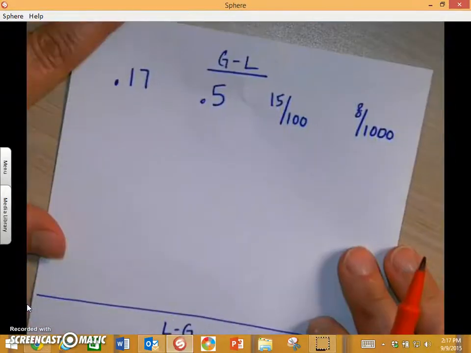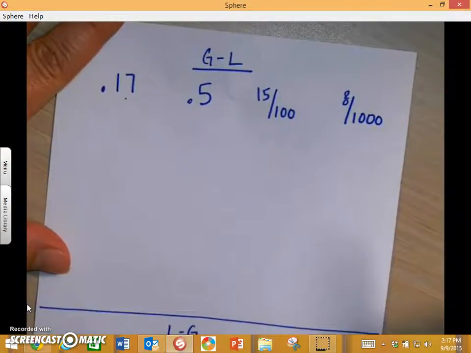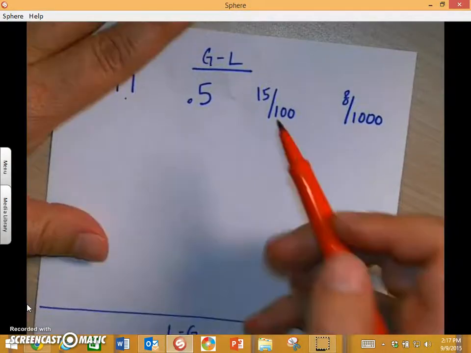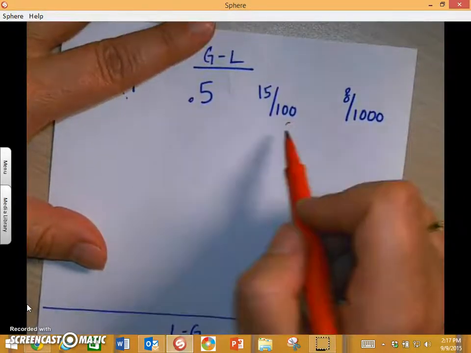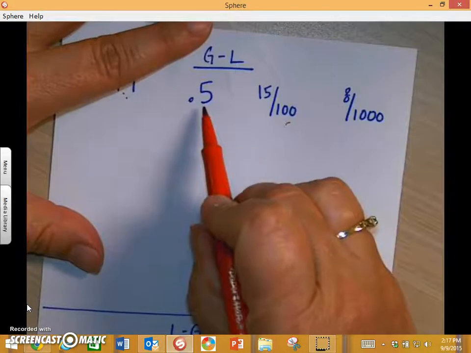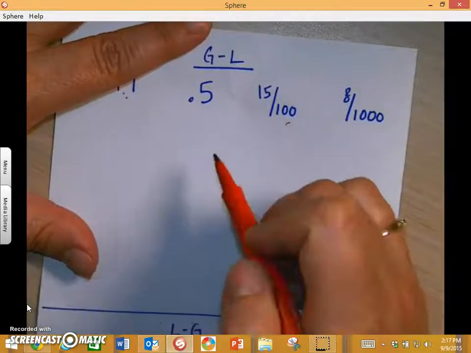The reason this is useful is because when you start getting math problems like this where they want you to put these decimals in order, you don't have all decimals. You have some fractions. So you have to know that I can change these into a decimal, so they're all decimals, and then I can work with them.